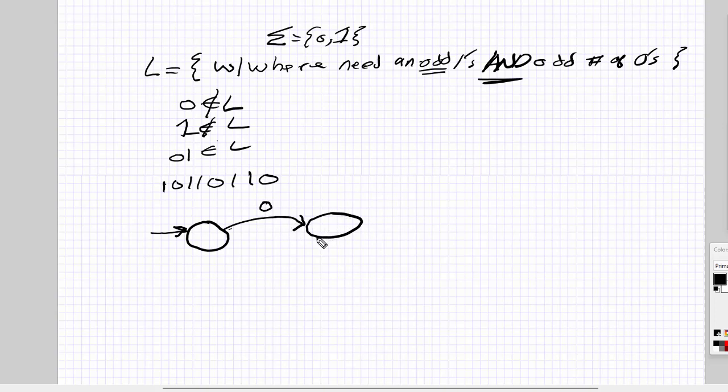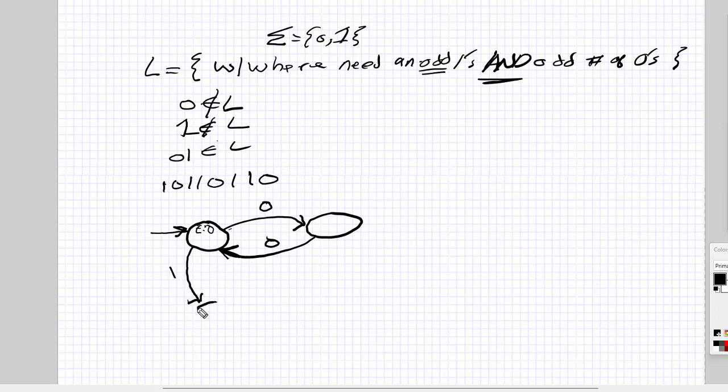Now this is a 0 by itself, so it's not an accepted state yet. If I read another 0, I go back here. So in this case, I would end up with even numbers of zeros in this state. Let's say E here for even zeros.